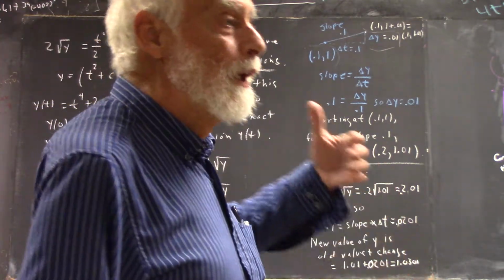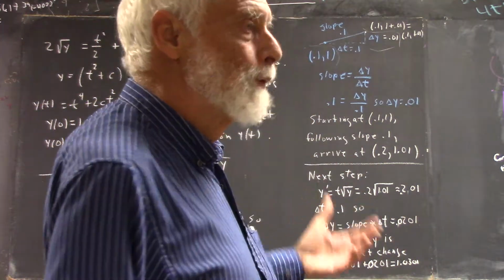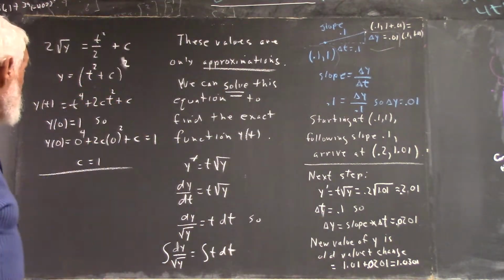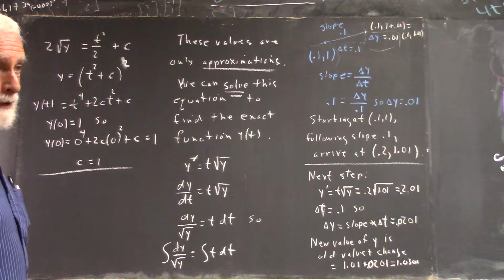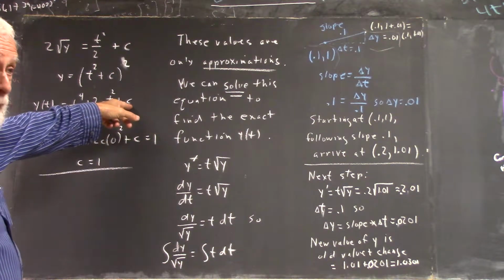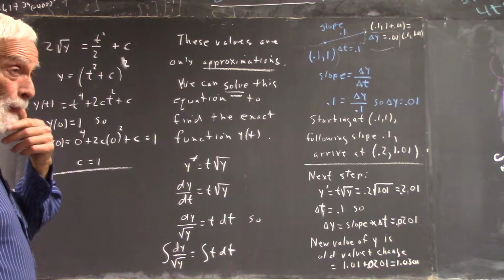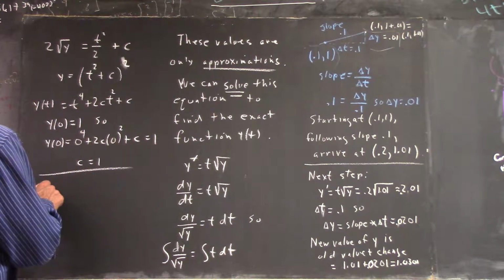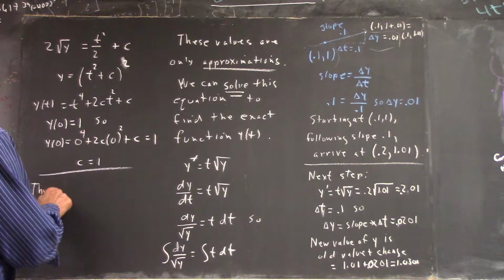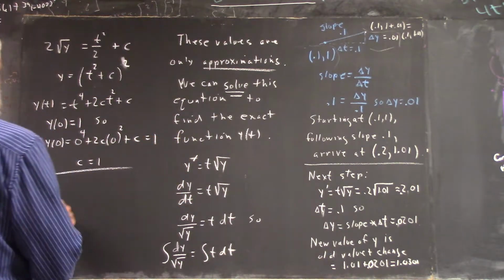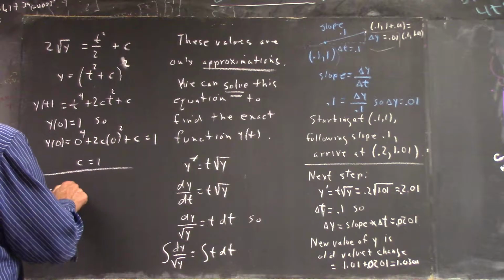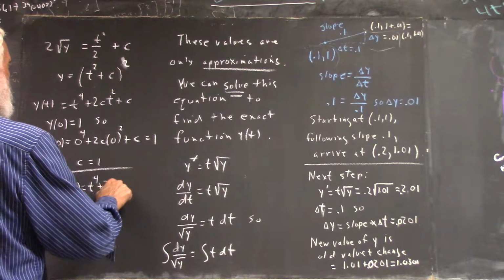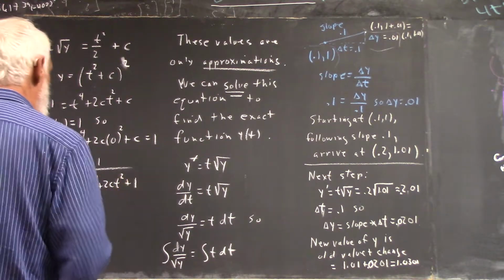Now, if we wanted to do y of 1/2 equals 1/4, we put the 1/2 in for t and set that all equal to 1/4 and find out what c has to be, right? Okay? So our function is the function we've been approximating.